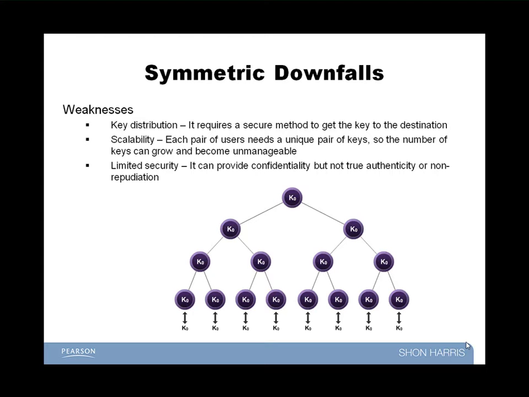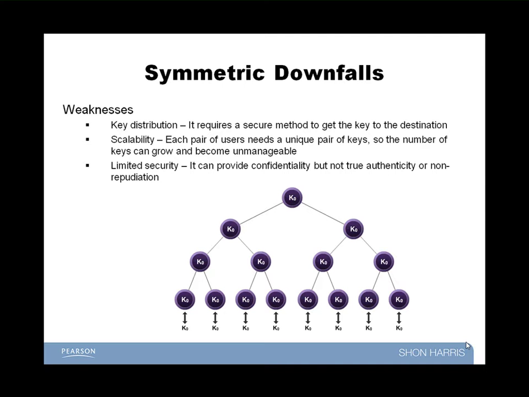So authentication is that a message came from a specific individual. So if you need to know that a message came from me specifically, we cannot use a symmetric algorithm. And why is that? That's because you and I share the exact same key. It can't be proved that a message came from me specifically.